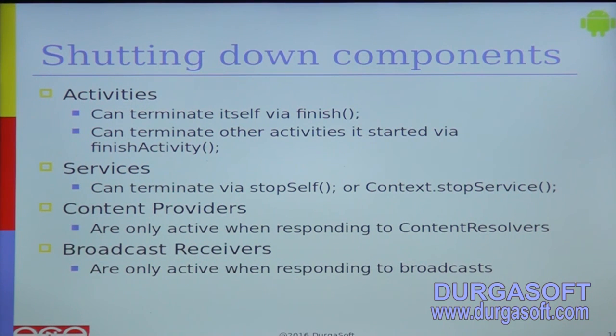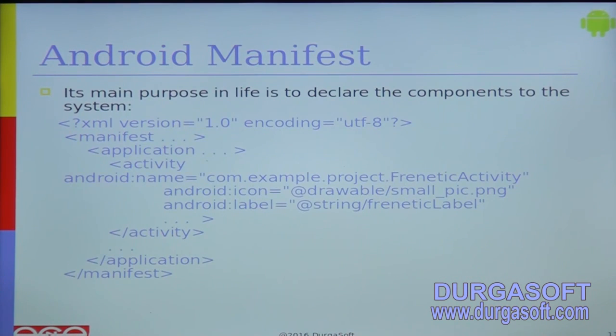In this sense, they are not active unless there is some notification coming in. So there are different framework level applications that will actually call these broadcast receivers in order to get them active. So they will be active only when responding to a broadcast.